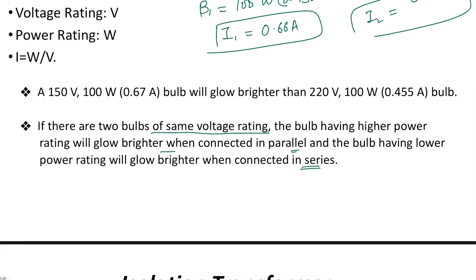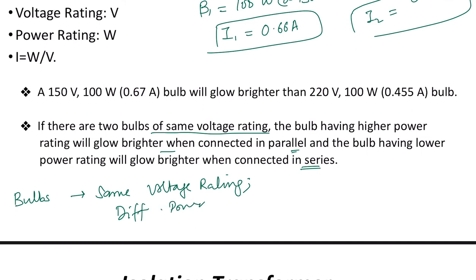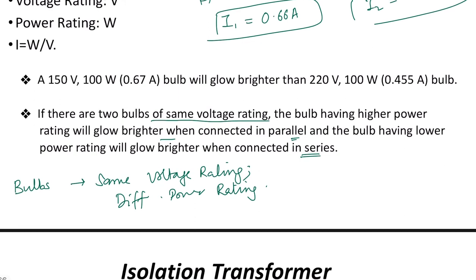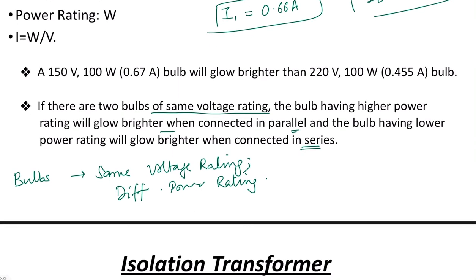So you have two scenarios. You have bulbs with the same voltage rating but different power ratings. If you have two bulbs of different power ratings, the bulb with the higher power rating will glow brighter in parallel. Why?